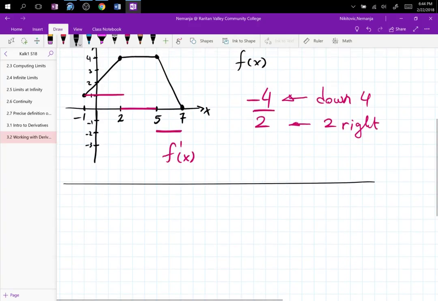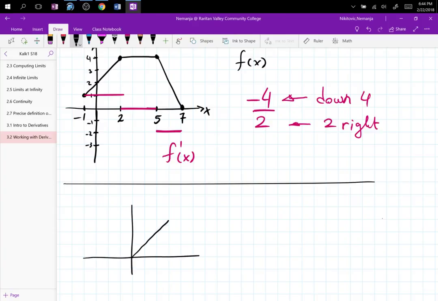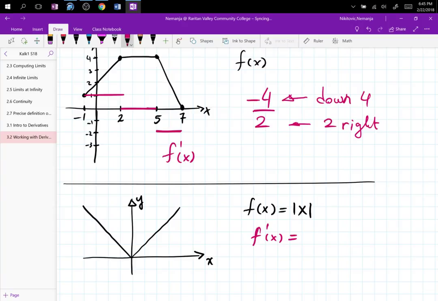Another cool example to consider is the absolute value of x. It's a v-shaped function. The function f of x is absolute value of x. What is the derivative? Anyone?